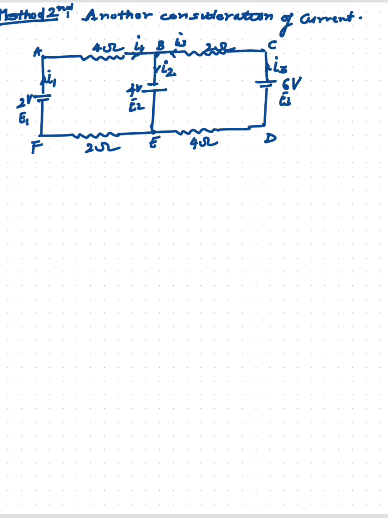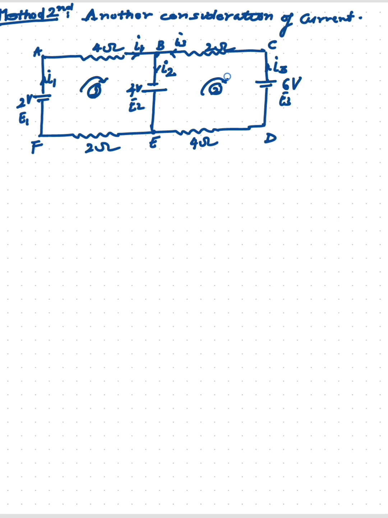Clear or not? Now the current distribution is completed, and we have assumed the current direction. Second is the loops. This is loop 1 and this is loop 2. I assume both are clockwise.